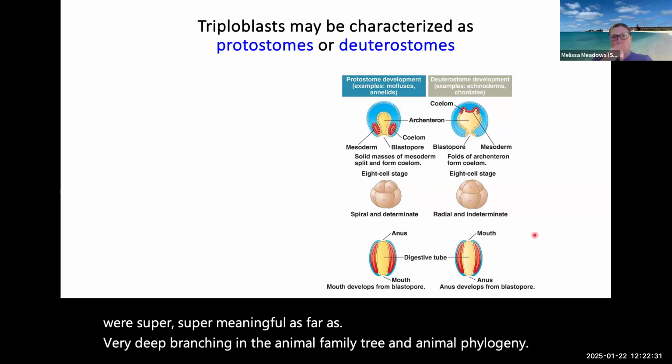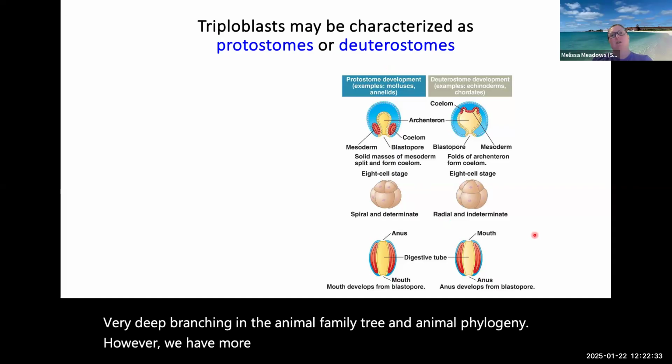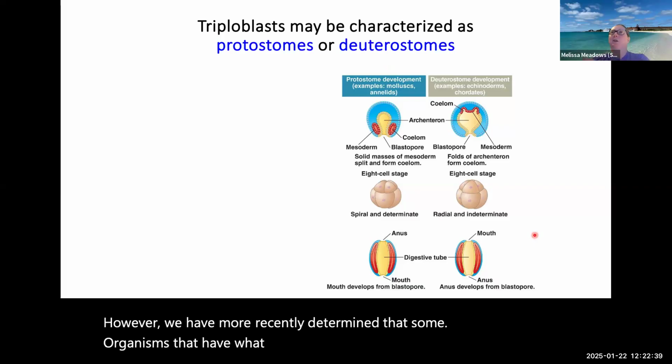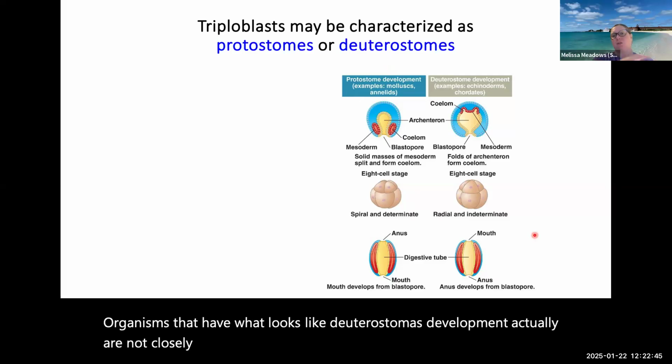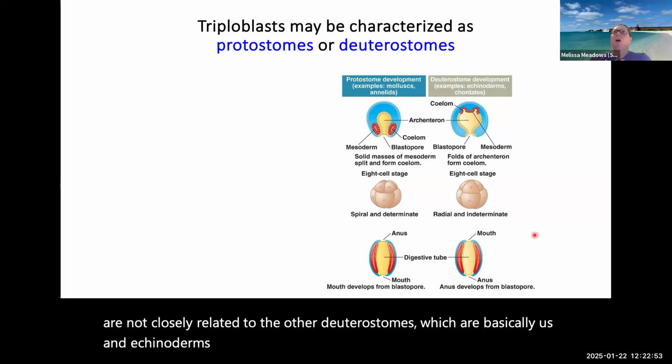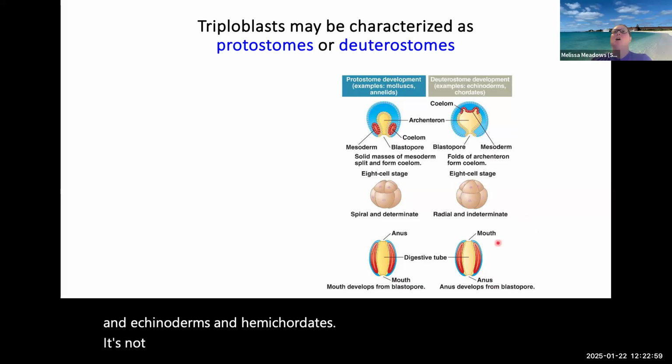However, we have more recently determined that some organisms that have what looks like deuterostomous development actually are not closely related to the other deuterostomes, which are basically us and echinoderms and hemichordates. So it's not super meaningful.